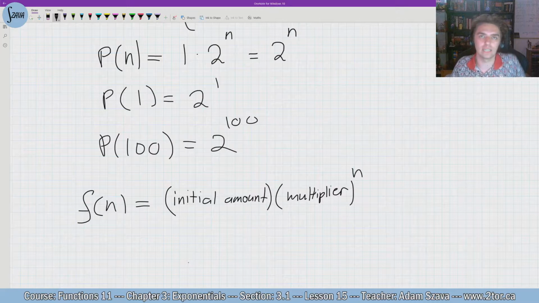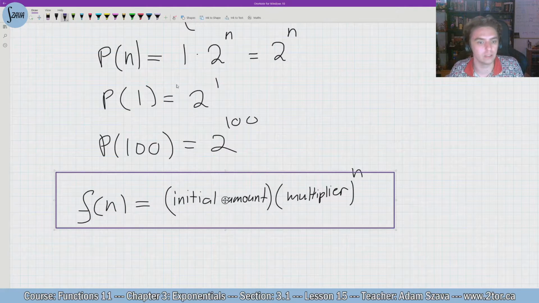The multiplier is like what's happening each time. Doubling, tripling, quadrupling, quintupling. It doesn't even have to be whole numbers. You can multiply by 1.5 each time, so you get 1.5 times your previous pay. That'd be 1.5 as your multiplier. And this is what every single exponential function will be in the form of.